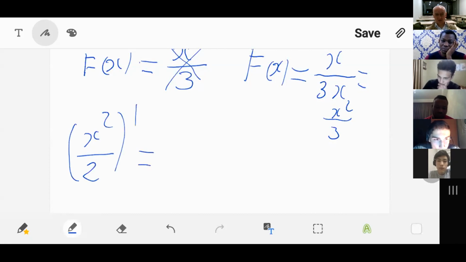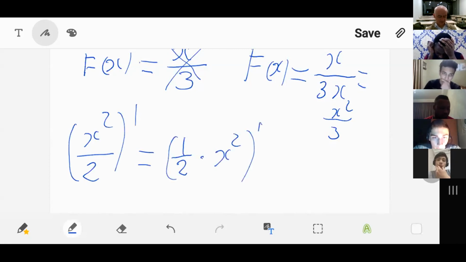We have here a constant. The derivative of 2 is 0. No. I can rewrite it. Look, I can rewrite it as 1 over 2 multiplied by x squared. Do you agree? Yes. The derivative equals 1 over 2 multiplied by 2 multiplied by x.